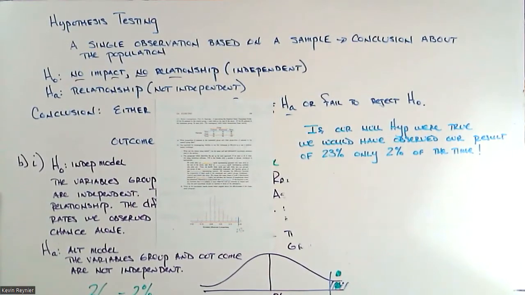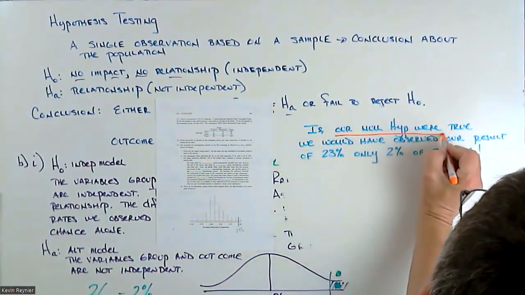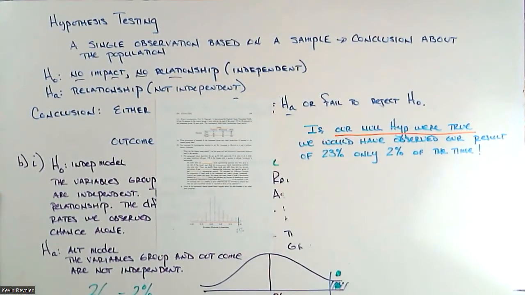It means either something happened that only happens 2% of the time, and we saw it, right? We saw something that only happens 2% of the time in our one study. Or the assumption upon which we based this entire study is false.